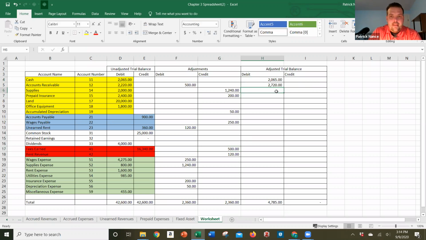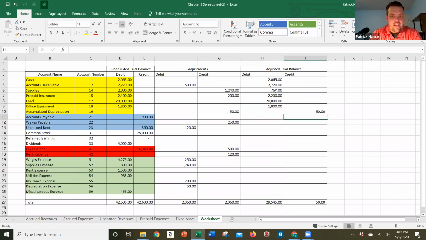Supplies had a $2,000 debit balance in it. I credited it for $1,240, which means I need to subtract. It still has a debit balance, but I need to subtract $1,240 from the $2,000. Prepaid insurance had a debit balance in it. I'm crediting the account, so I'm going to subtract it. Which means now it's got a balance of a $50 credit.